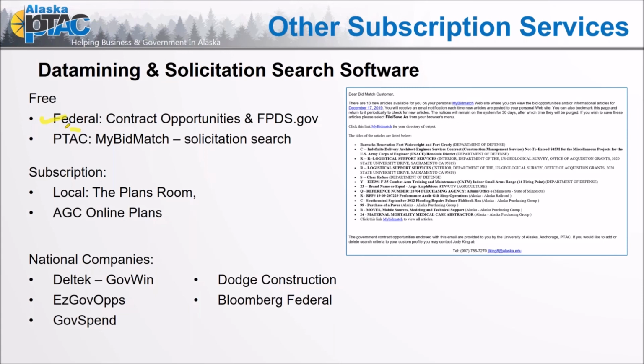One thing I would like to point out as a potential option: currently contract opportunities doesn't have that solicitation search. We used to be able to build that, and those would run in the background and then send us the results. Currently, that feature isn't active in contract opportunities, and a good workaround is PTAC's My Bid Match. I do have just a quick screenshot of yesterday's. It's all web-based, and it is going to do that same function that you were able to build in FedBizOps, where you can have your search.